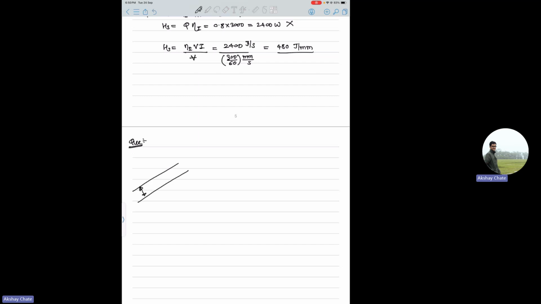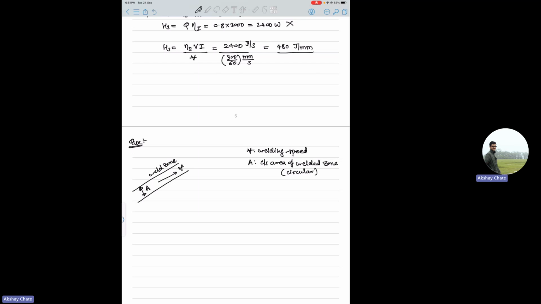Let's say the cross sectional area of this weld zone is A, and you are traversing, so your welding speed is V. Okay, so V is your welding speed, A is the cross sectional area of your welded zone, and they have given that it is a circular cross sectional area. So you can assume it as a circle.